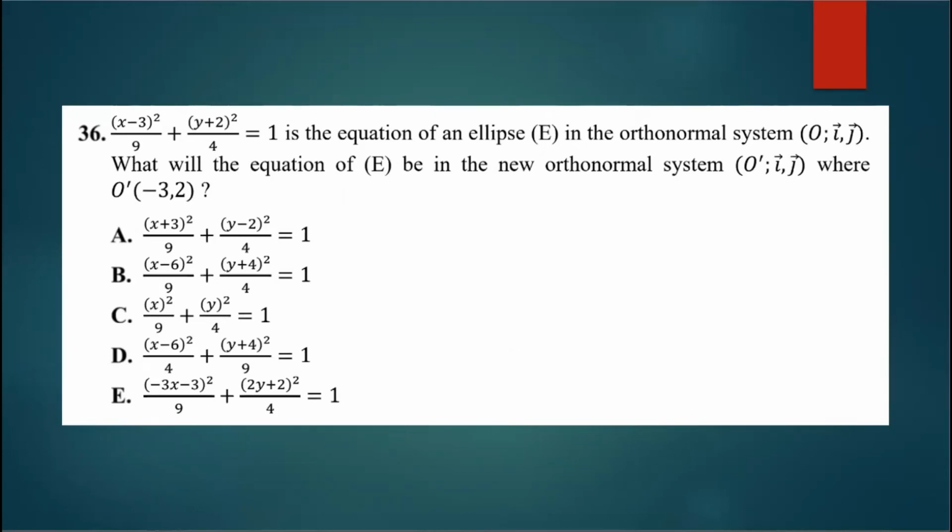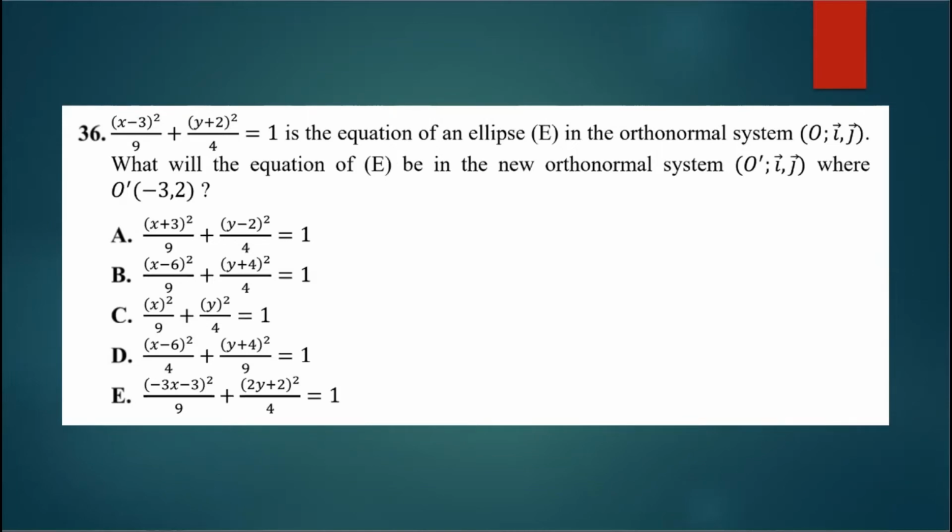One is the equation. This is a hyperbola. Sorry, an ellipse, because it's a plus. What is the equation of E in the system O, I, J, where O, the origin, is -3 and 2?